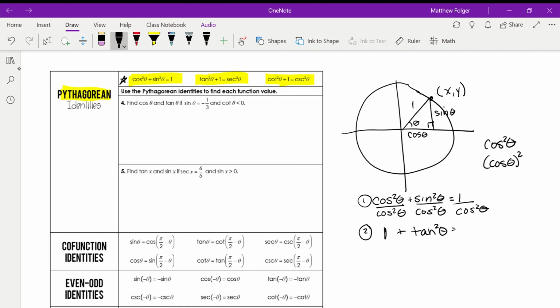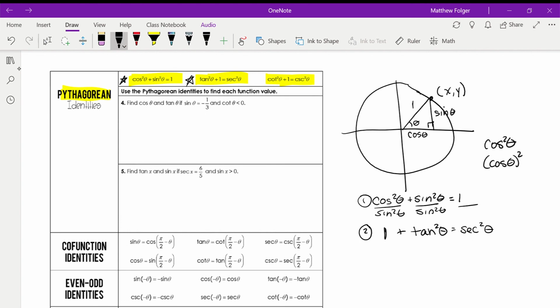And then our reciprocal identity for cosine is secant. So 1 over cosine squared theta is actually secant squared theta. That's where this second one comes from up here. The third one is done in an almost identical way, except you are dividing by sine. Okay, if you want to try this one on your own, you can.